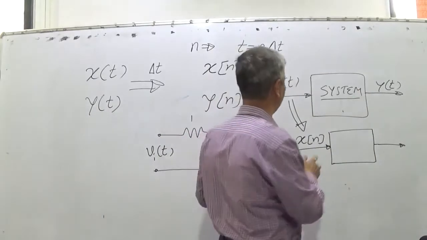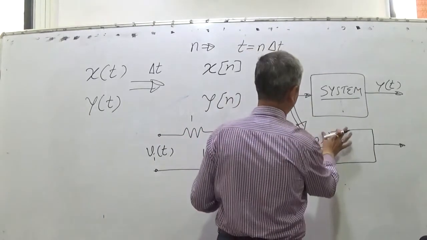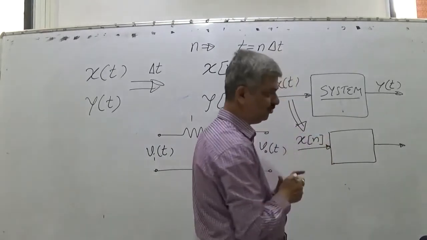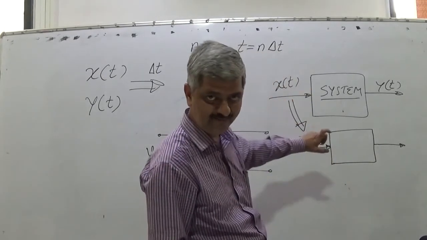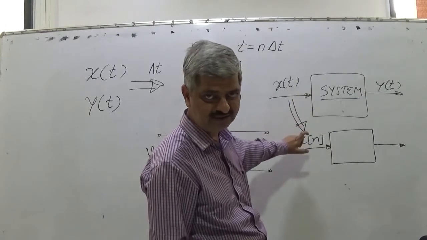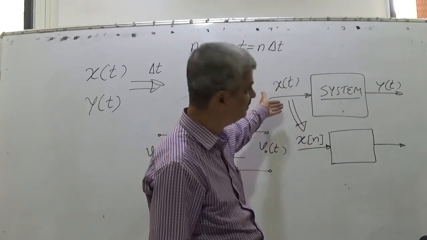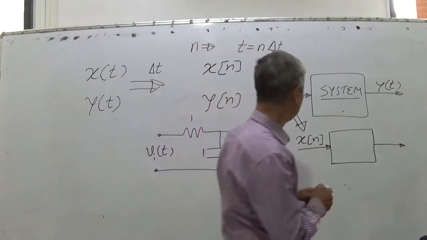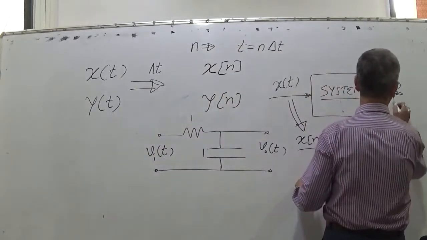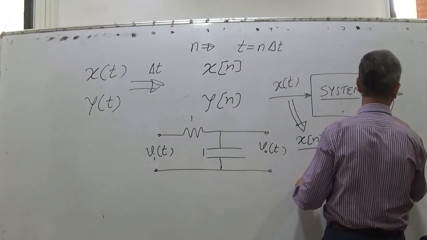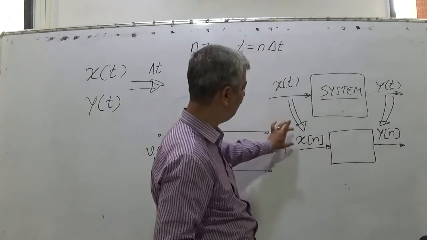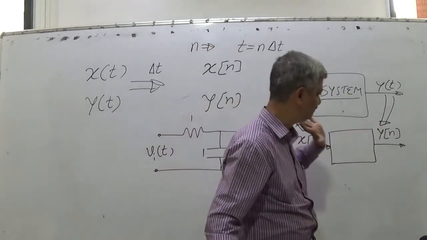I can sample them using a sampler and analog to digital converter, which means it is possible to take samples and convert them to digital. For voltage it is very easy. If it is position, then you need to have photographs. So from XT and YT, you can sample them and create a trail of input samples and output samples.